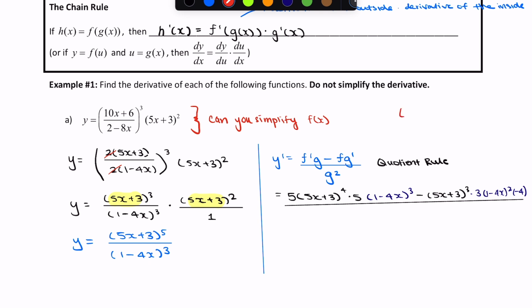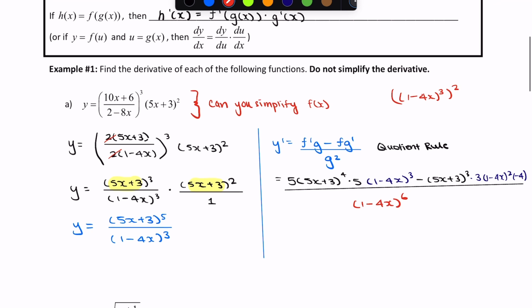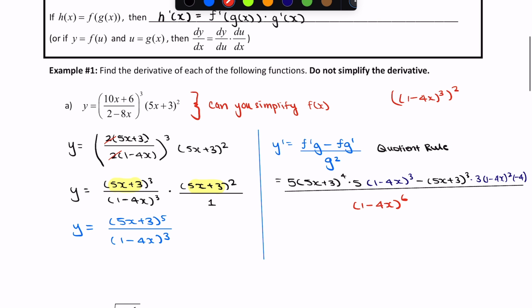So g squared is 1 minus 4x to the power of 3 squared. Then we're going to multiply those exponents, which will give us 1 minus 4x to the power of 6. Again, here it says do not simplify the derivative, so that would be our final answer here.